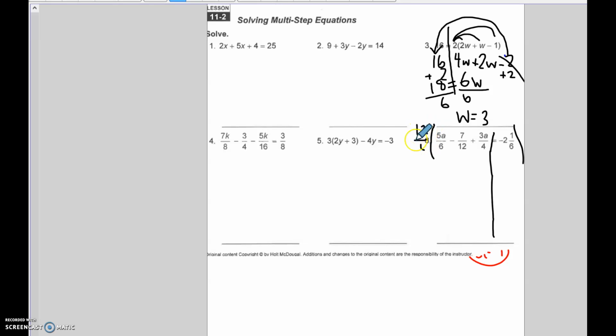Okay, so I use my calculator in my mind, and I do 12 times 5/6. 12 times 5/6 would be 10a. 12 times minus 7/12 or negative 7/12 would be negative 7. 12 times positive 3/4 would be 9a.